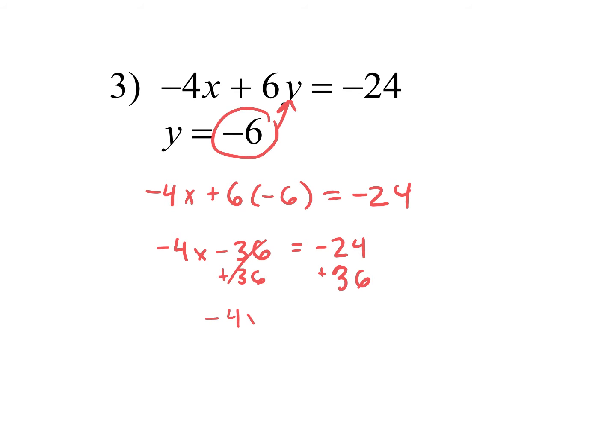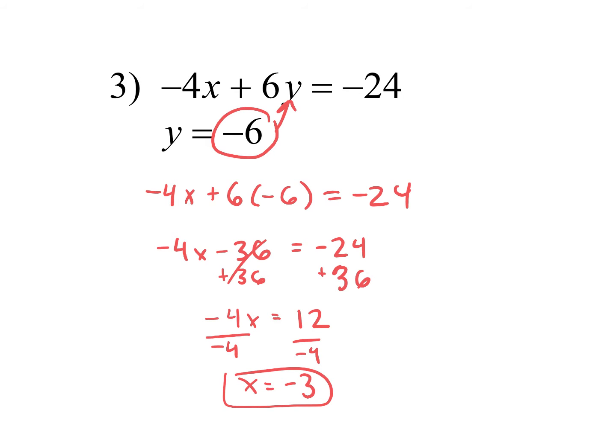So I get negative 4x is equal to 12. Divide both sides by negative 4. And what's x equal to? Negative 3. What do I have to do next?